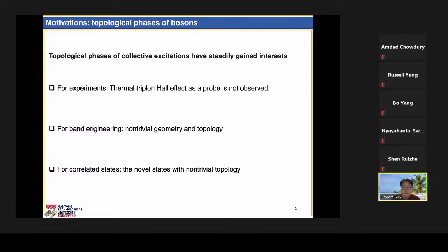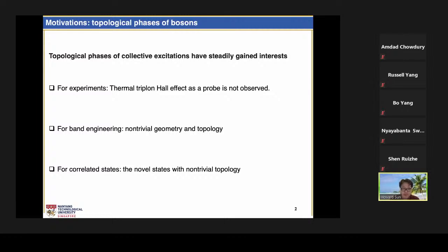For example, the triplon thermal Hall effect, this non-trivial transport, is still not observed. This requires us to provide more theoretical predictions or to study the interplay between the band and the magnetic field.